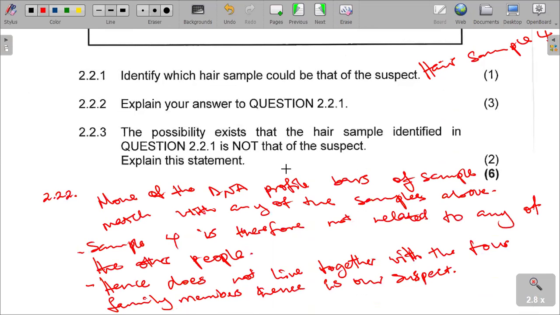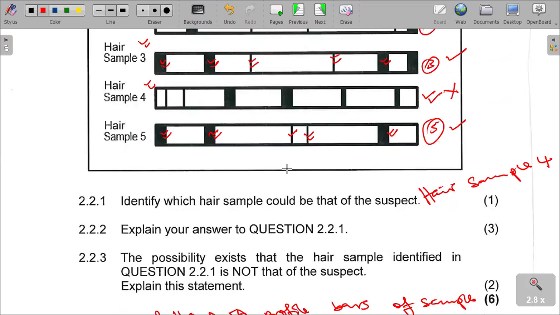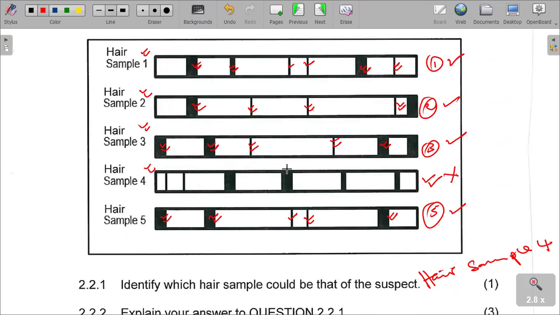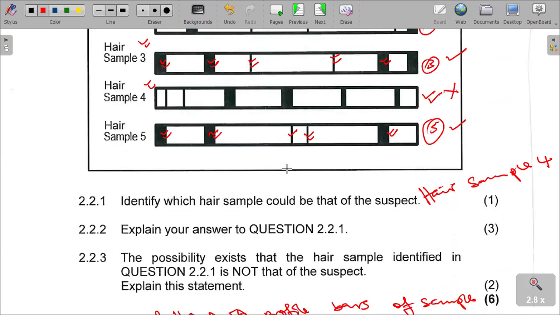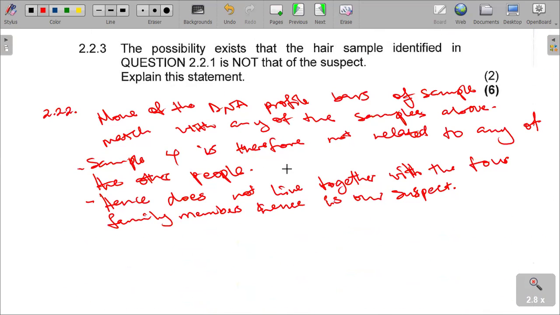The next question says, the possibility exists that the hair sample identified in the question is not that of the suspect. Explain this statement. Even if we can say number 4 can be the suspect, how can we not say that he is the suspect based on DNA scientific explanations?